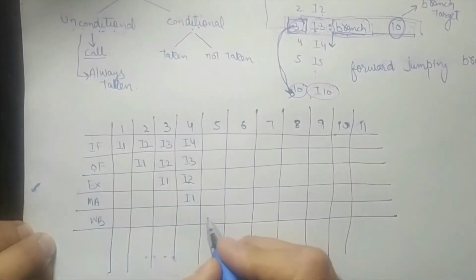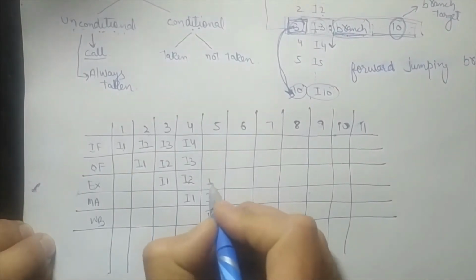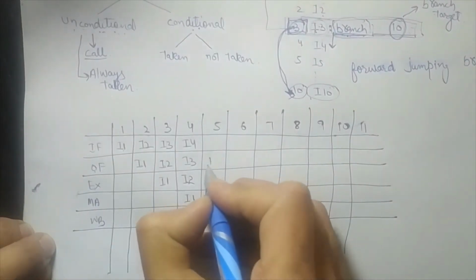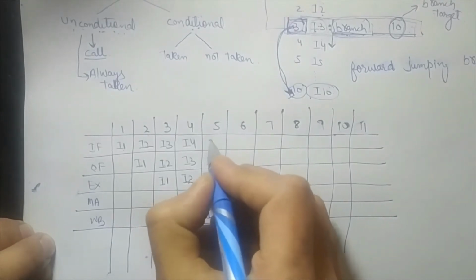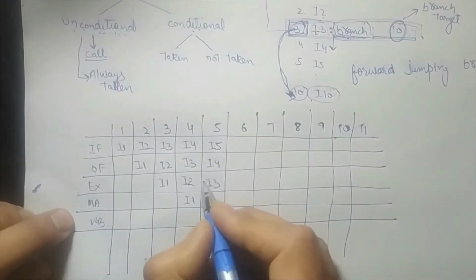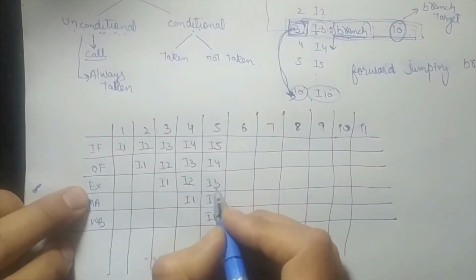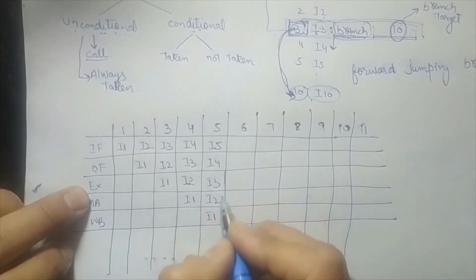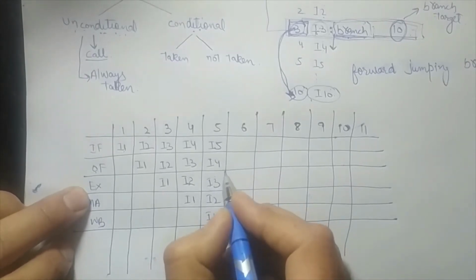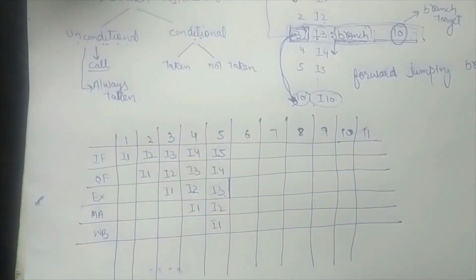Now in the fifth cycle, I1 will come here, I2 will come to memory access, I3 will come to execute, I4 will come to operand fetch, I5 will come to fetch. Now here I3 was our branch. When I3 is in the execute stage, at this particular point we will know whether the branch is taken or not taken.